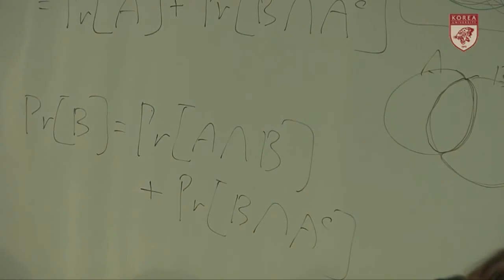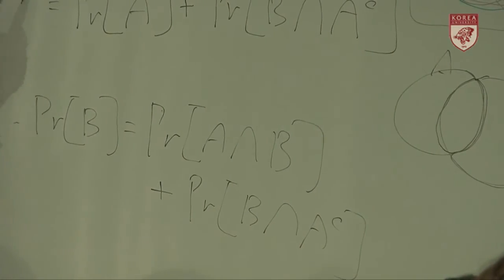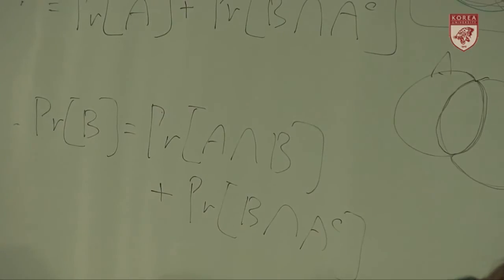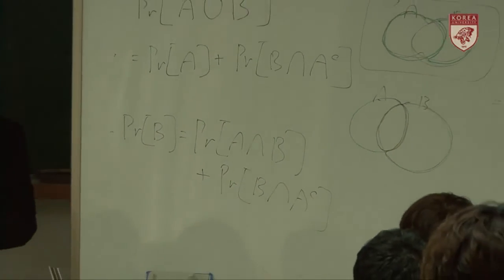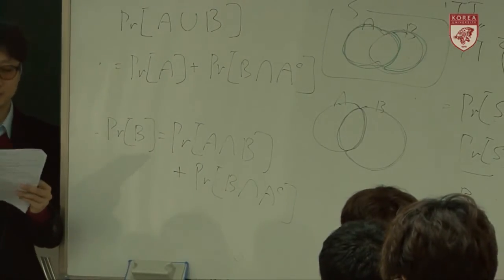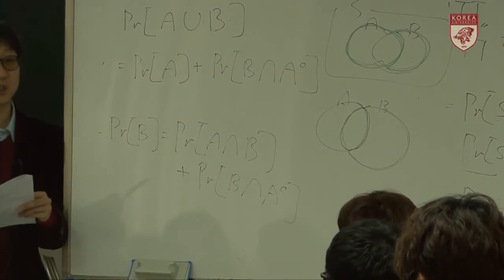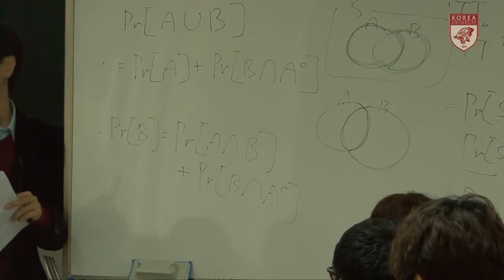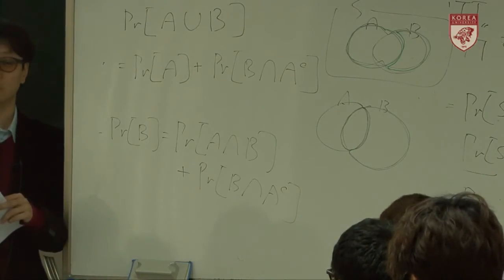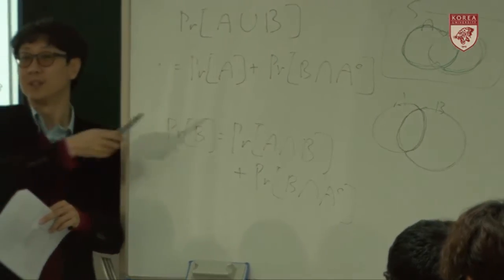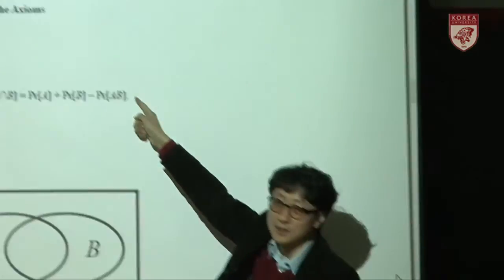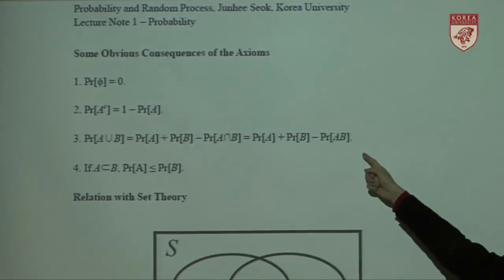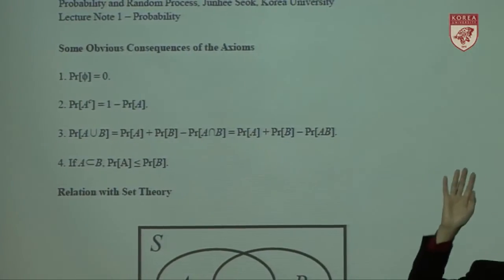Right? So if we merge this one and this one, we can easily get this result. So this is the formal proof. But without this formal proof, you can intuitively see why. Okay? So you got it? You got the proof of these relations? You guys all know?